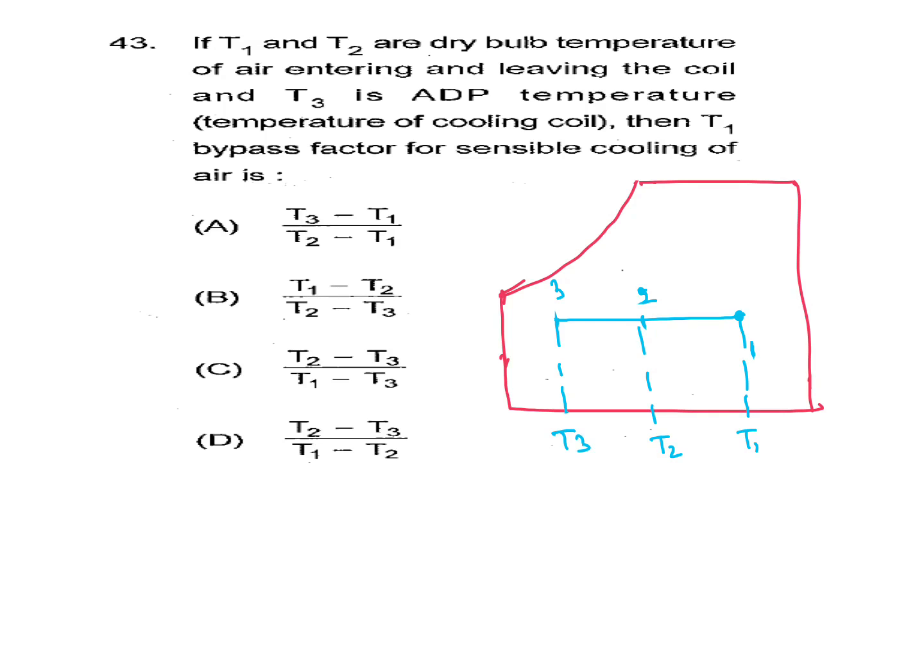We know bypass factor is actual loss divided by ideal gain. The process is cooling from 1 to 2. This is actual.